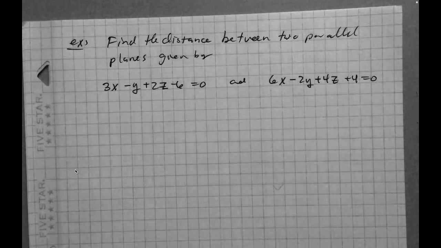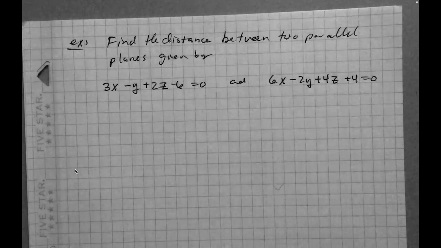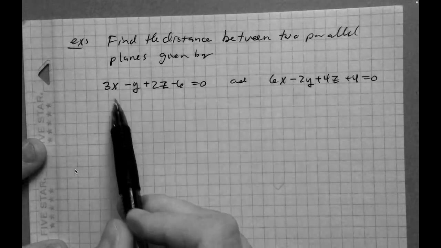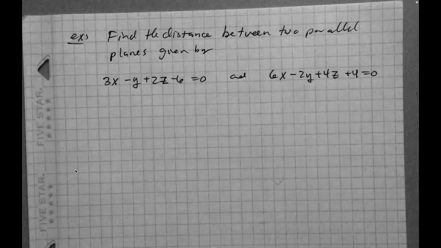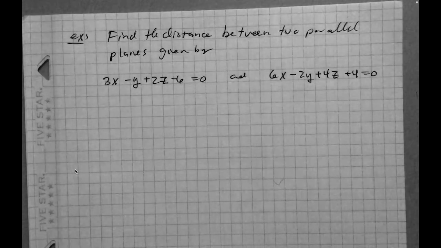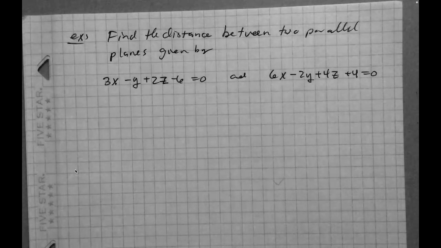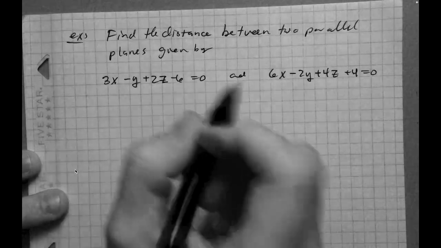So to find the distance between these, they're parallel, right? You're told they're parallel. You can see that the direction numbers would be scalar multiples of one another. So to find the distance between these two planes, we first need to choose a point in the first plane.